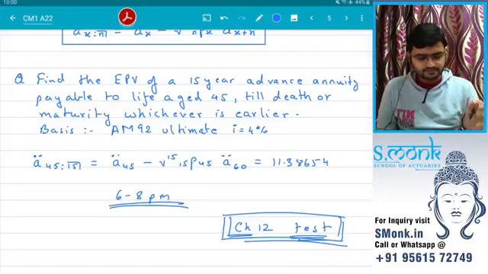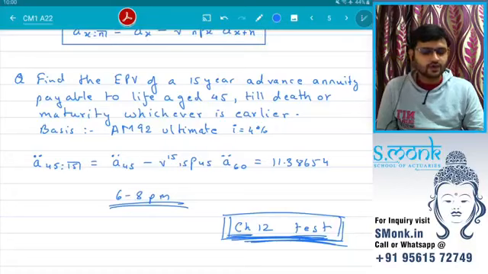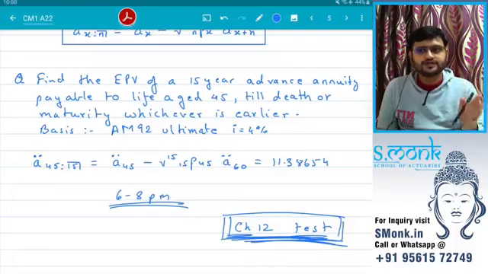But we'll try to clear all doubts of chapter 12 on this Wednesday first. So again, go through chapter 15, chapter 16, this chapter 17 before we start tomorrow's lecture.